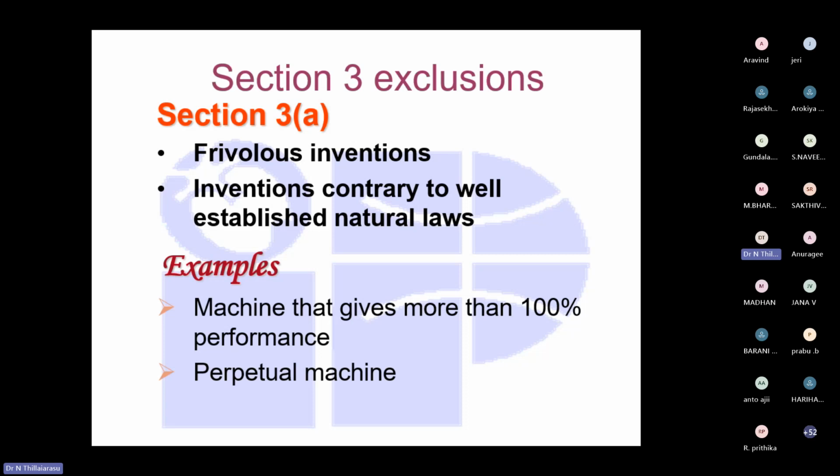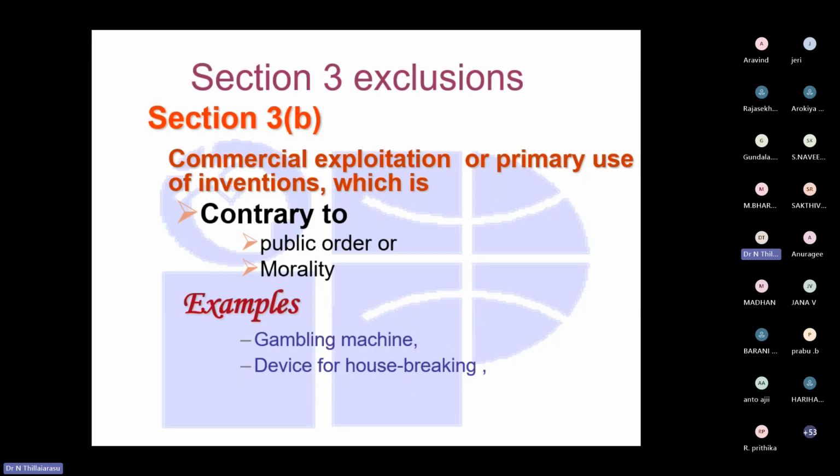Under Section 3(a), frivolous inventions or inventions contrary to well-established natural laws, like Ohm's law and Kirchhoff's law, cannot be patented. An example is a machine that gives more than 100% performance, a perpetual machine. This all comes under this section. Also, commercial exploitation or primary use of an invention that is contrary to public order or morality, like a bomb or some other such things, cannot be patentable.